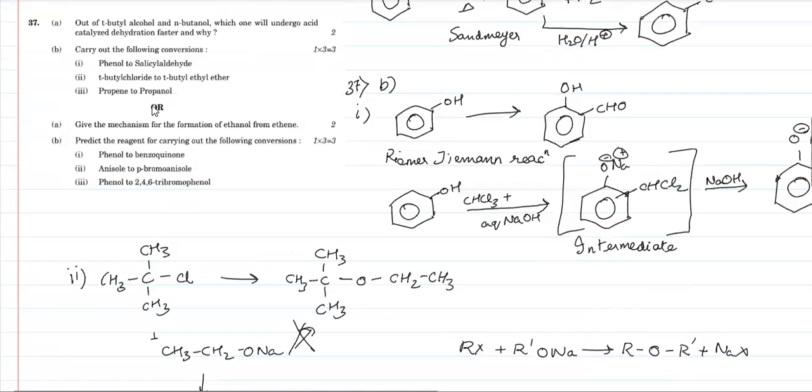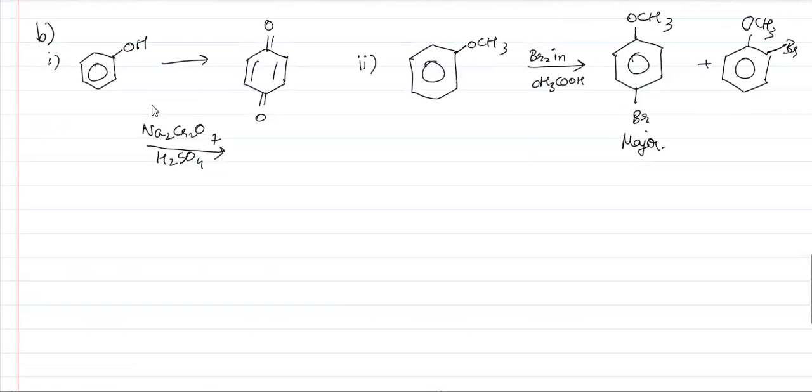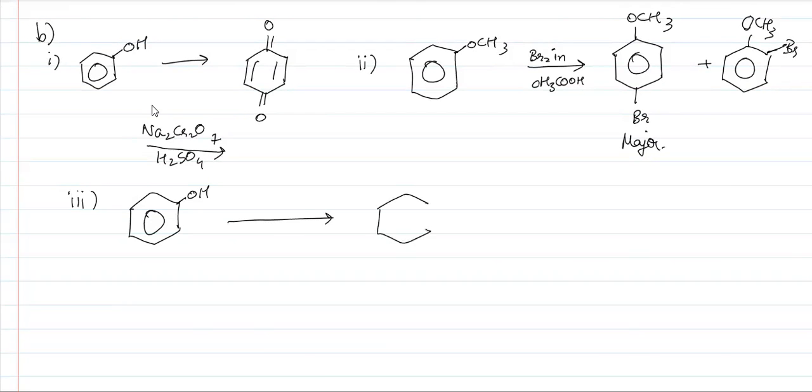The last question for this paper is phenol to 2,4,6-tribromophenol. This is again another straightforward electrophilic substitution reaction. And all these three questions were from the chapter alcohols, phenols, and ethers. So we have phenol, and this is a reactant, and the product is 2,4,6-tribromophenol.